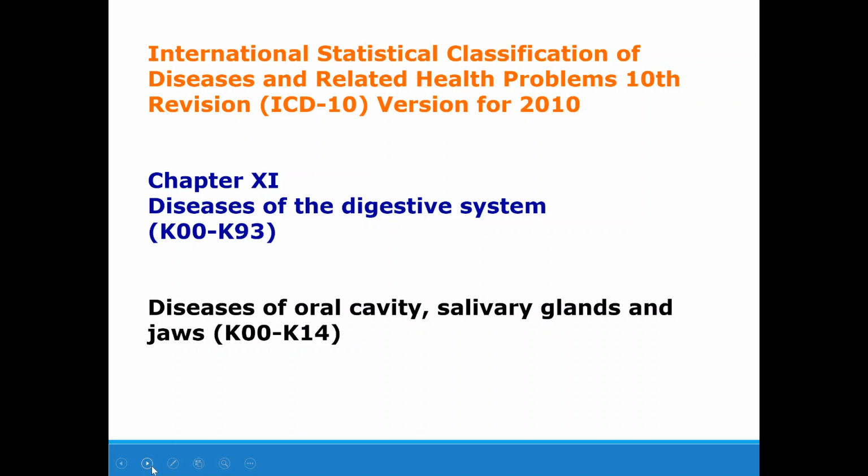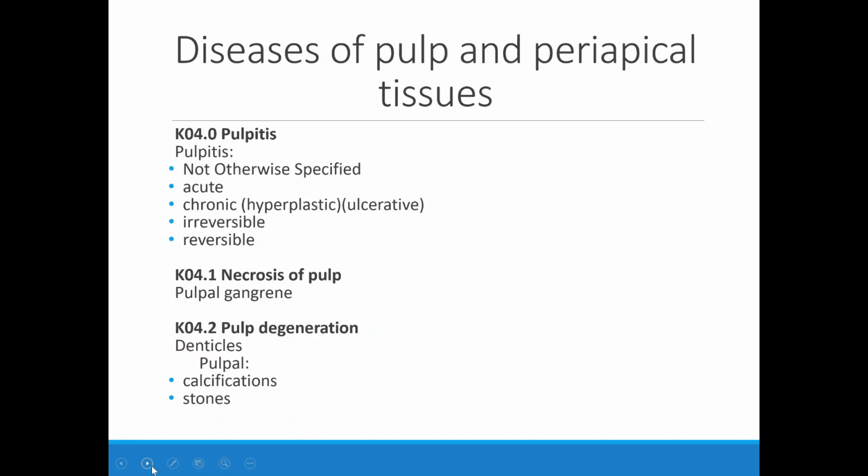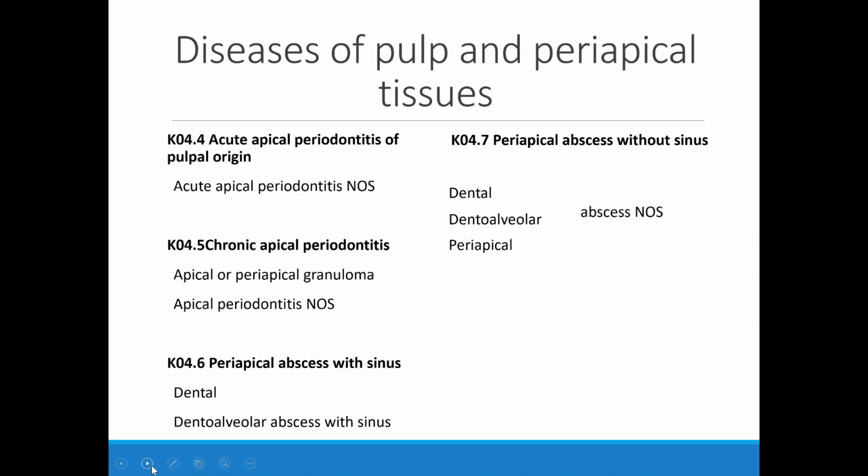In the international classification of diseases, pulpitis is divided into: not otherwise specified, acute, chronic, hyperplastic, ulcerative, irreversible, and reversible. The next group is necrosis of the pulp, so pulp gangrene is another group, not like pulpitis. Then pulp degeneration like denticles, pulpal calcification, and stones. And later about periodontitis, but we will speak about periodontitis in the next semester.